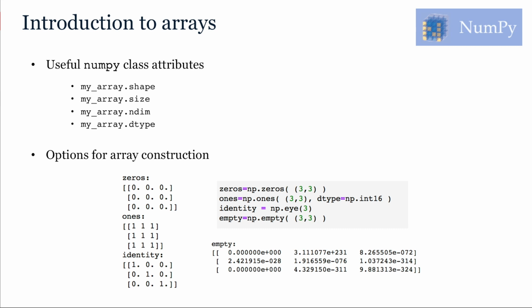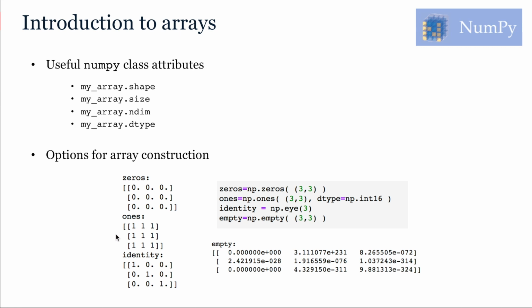Outside of initializing an array from a list, there are a number of generally more practical ways of initializing an array using the following methods. These support initialization of arrays of all zeros, where the default type here, and in all cases, is to create a float. We could instead create a matrix of integers, where here we've passed the argument dtype equals np.int16.